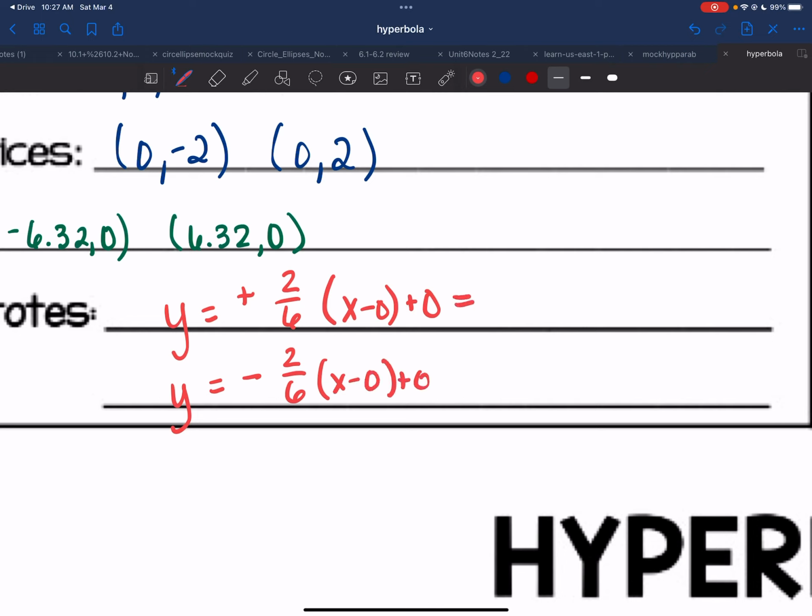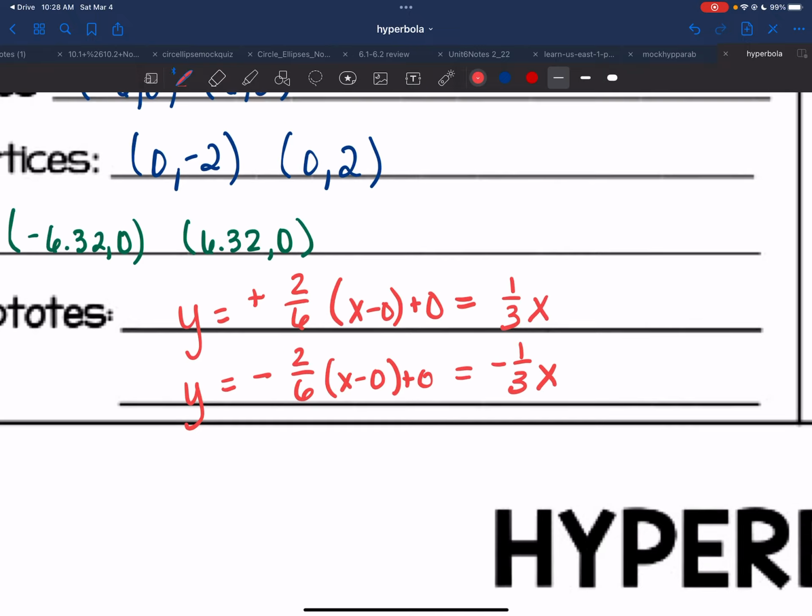Well, I can reduce this. The 2 over 6 reduces down to 1/3, so I have 1/3, and then that's just x. So 1/3 x is my equation that way, and negative 1/3 x is my equation that way. So I have my two asymptotes.